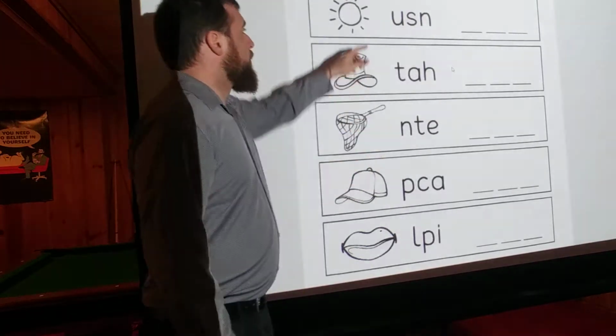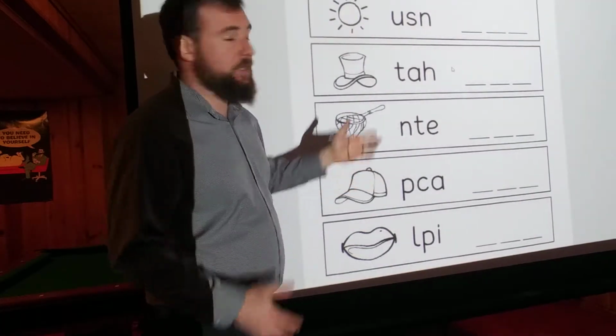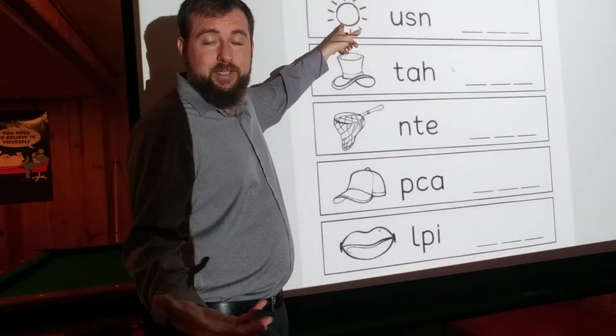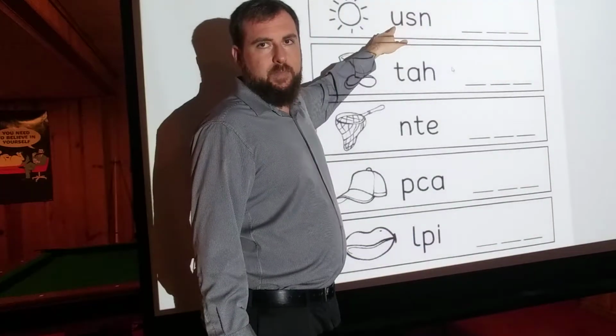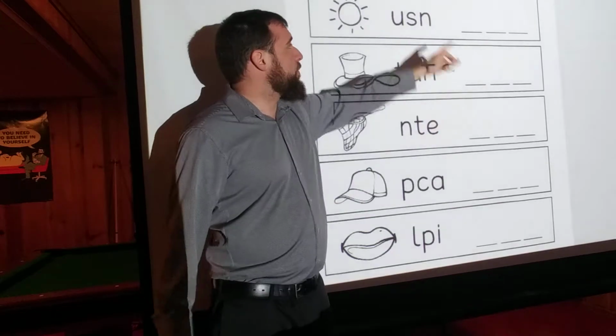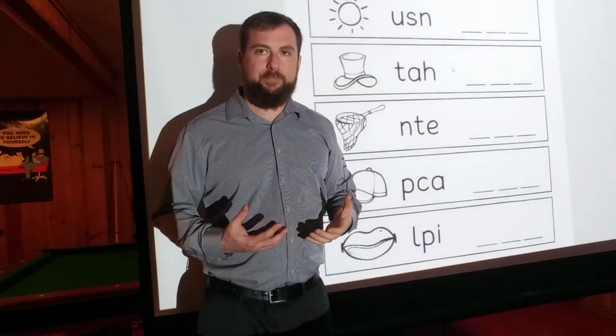So over here, we've got a picture, and we know what this is a picture of, right? We know this. This is the sun, right? Sun. And we've got some letters. Now these letters can make sun, but we need to move them. We need to change the order.